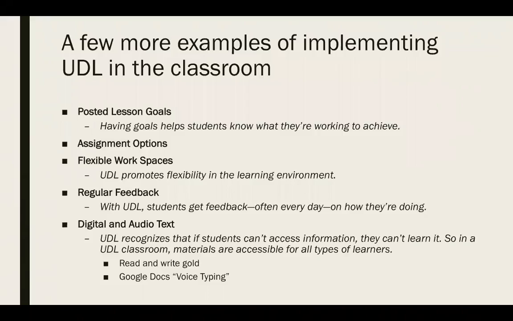And then digital and audio text. So universal design recognizes that if students can't access information, they cannot learn it. So in a universal design classroom, materials are accessible for all types of learners. For audio text, we have this software called Read and Write Gold.